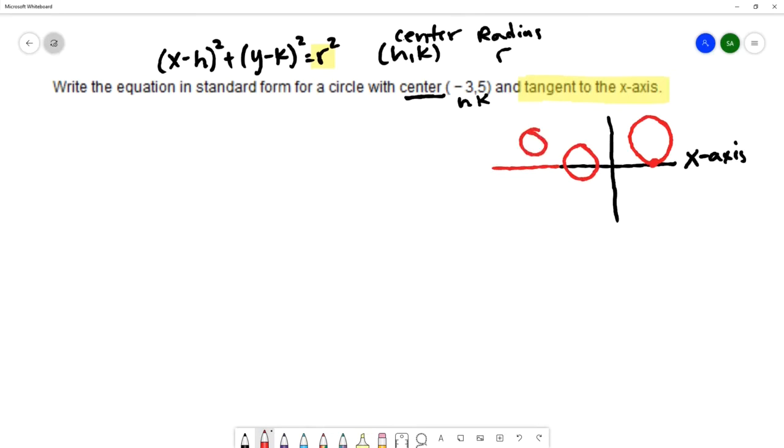This example here is a circle that is tangent to the x-axis.